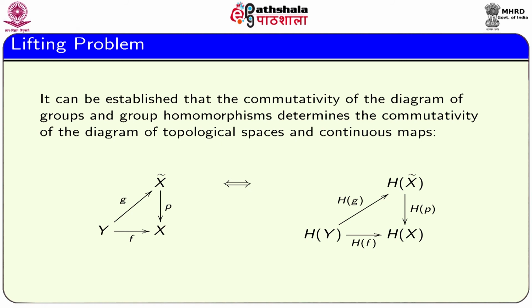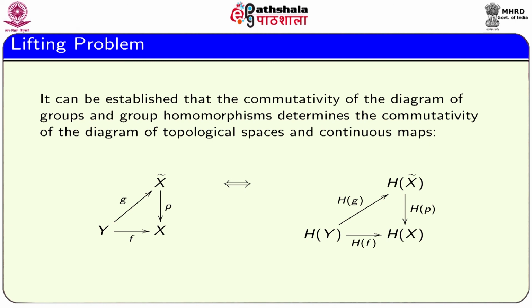It can be established that the commutativity of the diagram of groups and group homomorphisms determines the commutativity of the diagram of topological spaces and continuous maps. What do we mean by that? Suppose we have a commutative diagram inside the collection of topological spaces and continuous functions, can we shift this problem entirely to the algebraic topology setup?